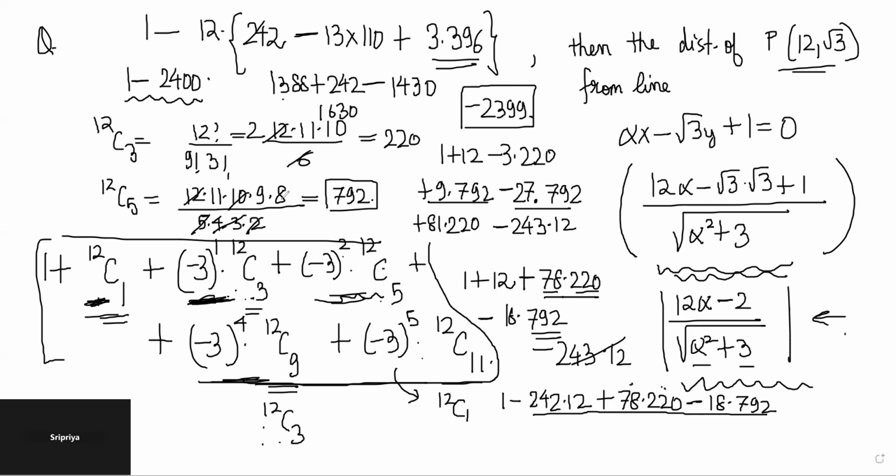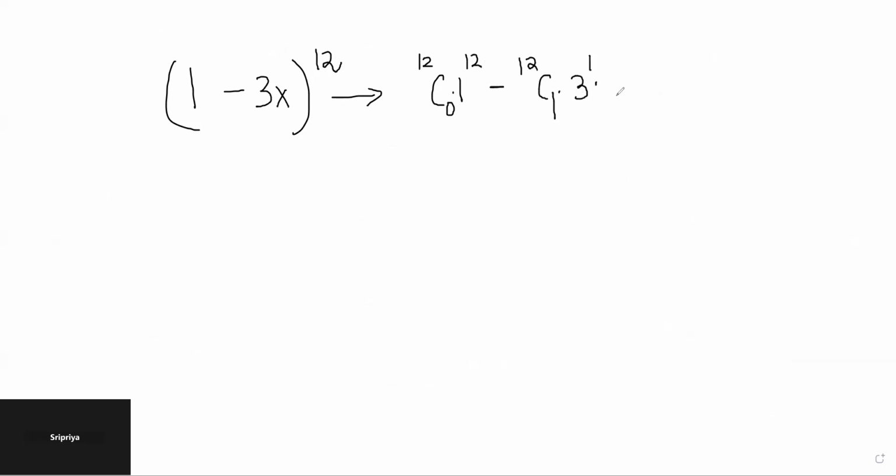If we want to figure out the pattern, we can do it. You can think of binomial sequences where you have something like 1 minus 3x to the power 12. What will come here? The first term would be 12c0 1 power 12. Then it will be minus 12c1 3 power 1 x power 1, right?